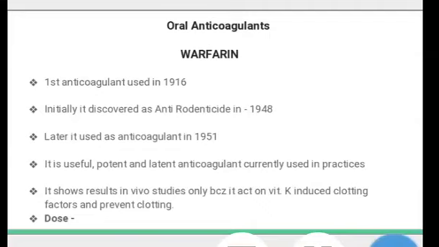This shows results only in in vivo studies, because warfarin acts on vitamin K induced clotting factors and prevents coagulation. Therefore, it shows results only in in vivo studies, not in vitro.